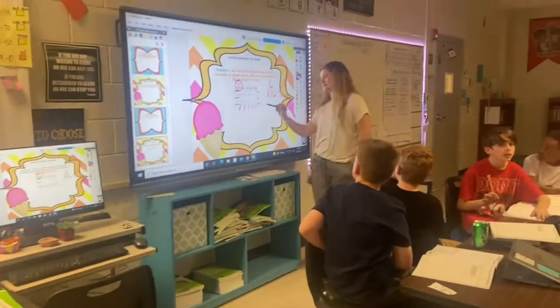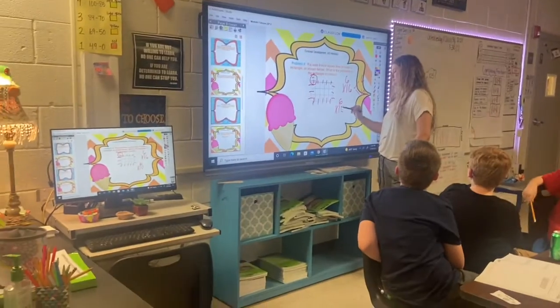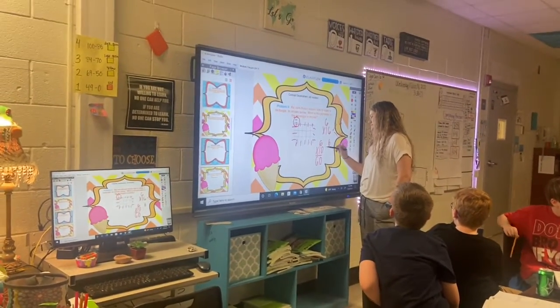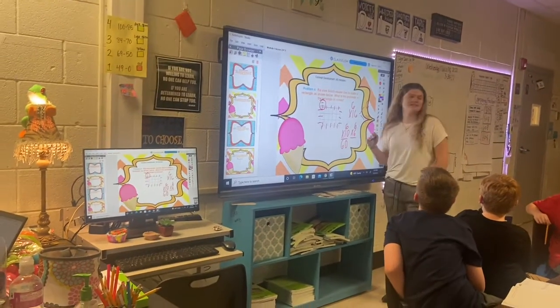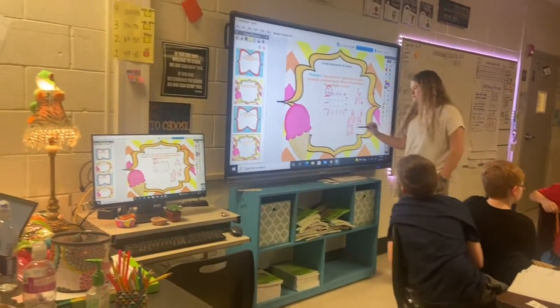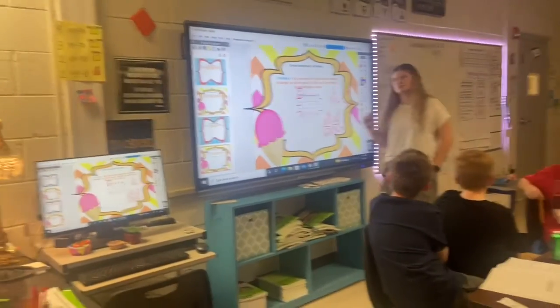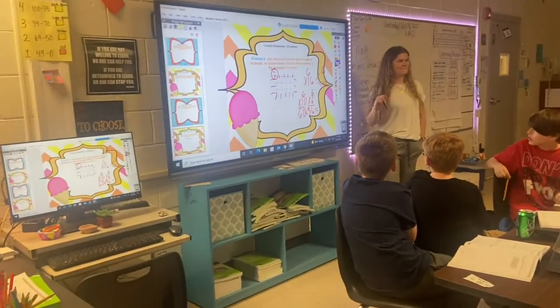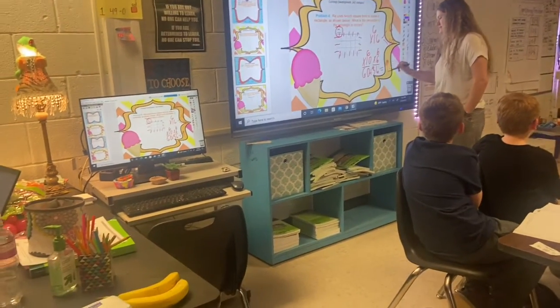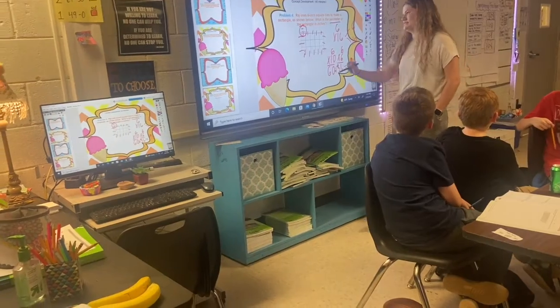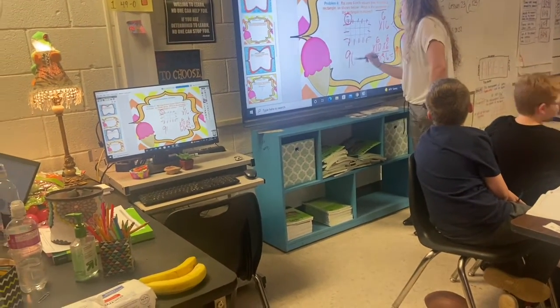So what's 6 times 10? 60. What is 6 times 6? 36. So 60 plus 36 equals 96. And it's asking us the perimeter, so our perimeter is 96 inches.